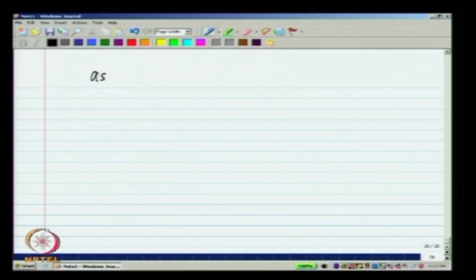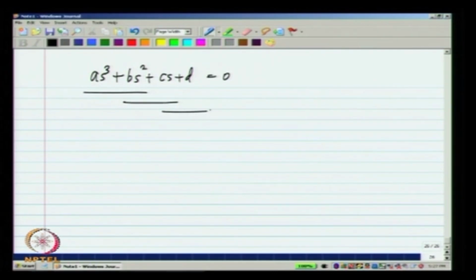If you have a s cube plus b s square plus c s plus d equals 0, you can take these two at a time, equate that to 0, these two at a time, equate that to 0, and these two at a time, equate that to 0. You will get three linear equations, and solution to this will be valid approximation to the actual solution only if the three poles are very far from each other. The magnitude of the three poles have to be very different from each other.